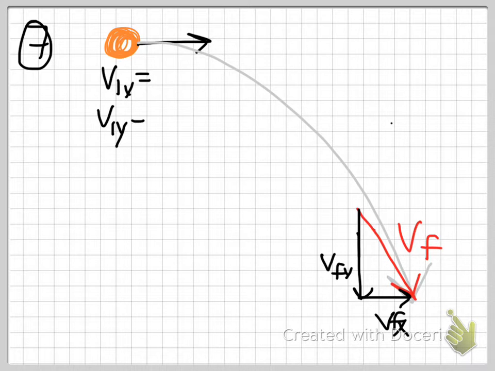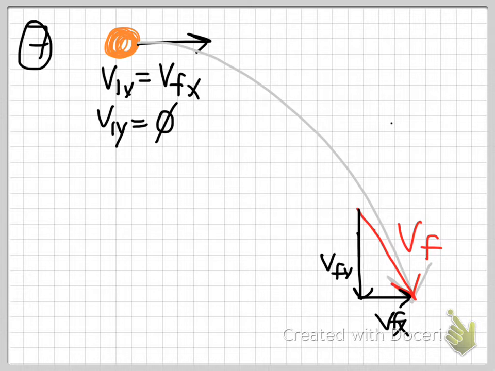Was there an initial velocity on the y? No, because these are kicked, flicked, and pushed. So what that means, because we know that there's no acceleration on the x, the initial velocity on the x equals the final velocity on the x.